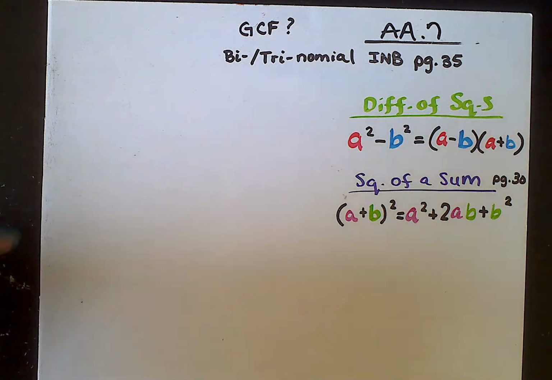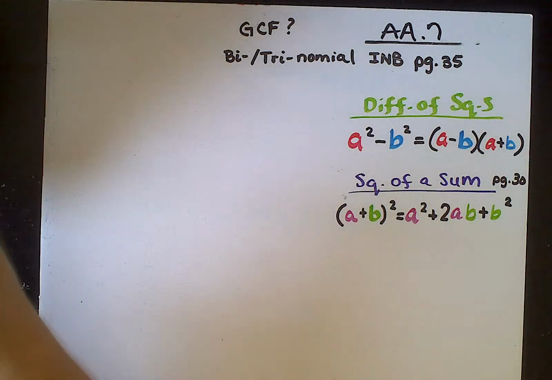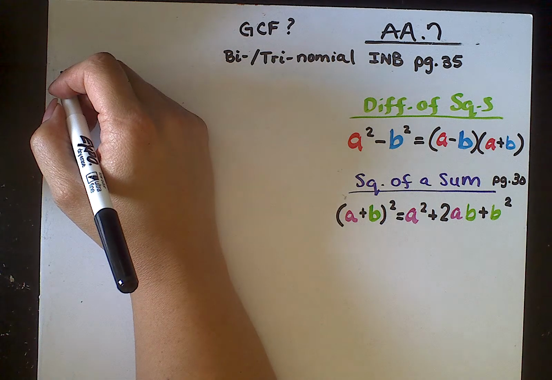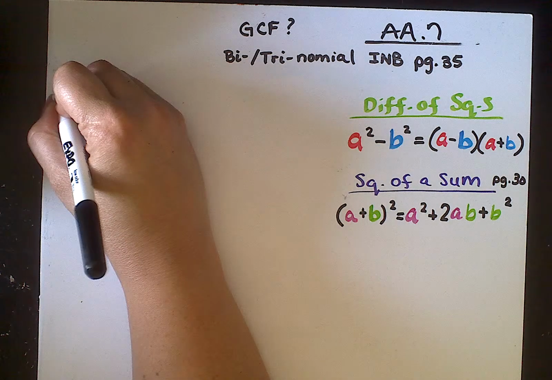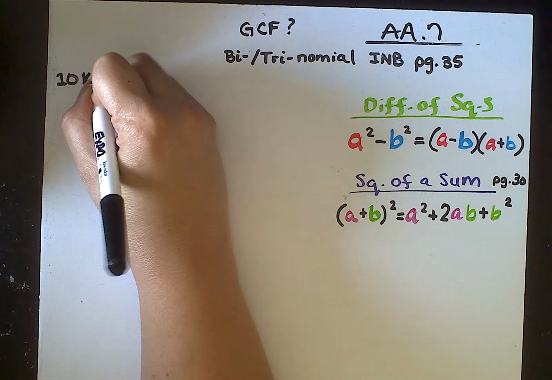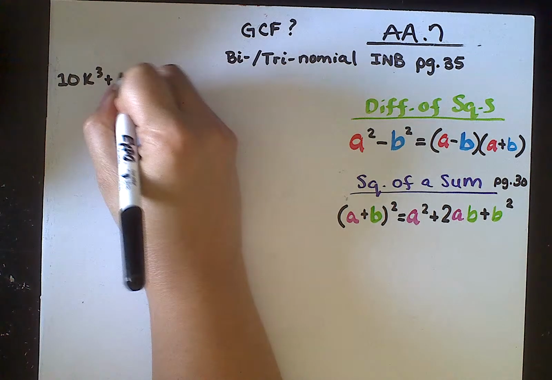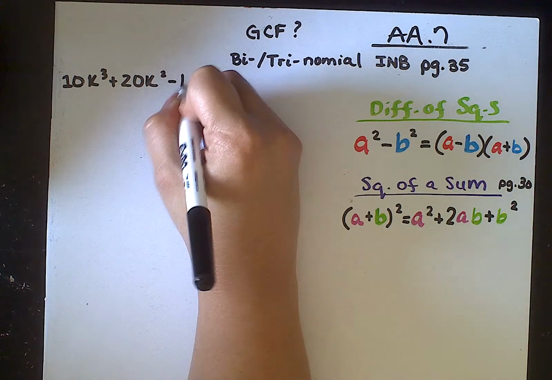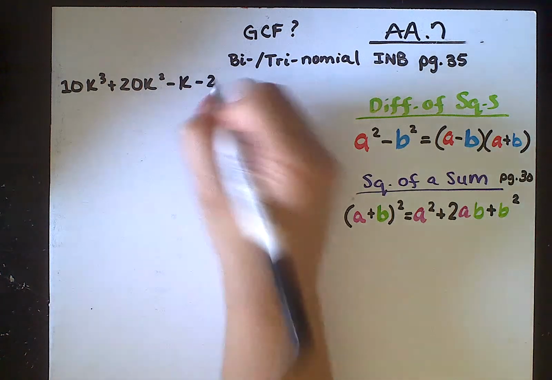Oops, I should have turned that off. It's probably going to give me a new one. Oh well. This one will be 10k cubed plus 20k squared minus k minus 2.